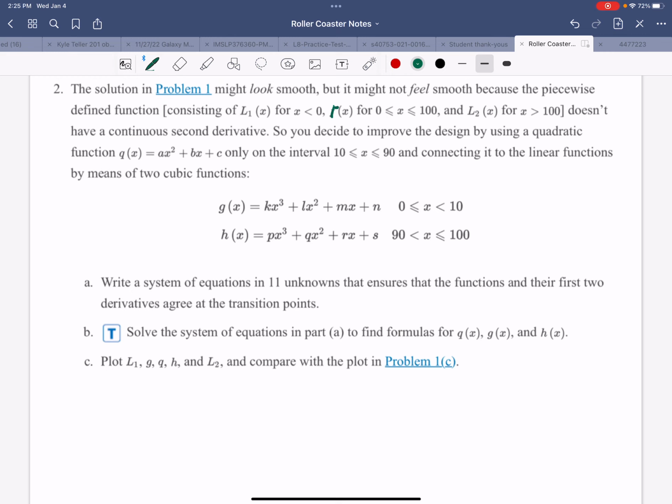Now just remember, we're calling little f capital F. And they call this new function, this new parabola, it's slightly different. They call it q of x. I don't like this at all, and I don't like that they use a, b, and c because the values are going to be different from what you found in f.